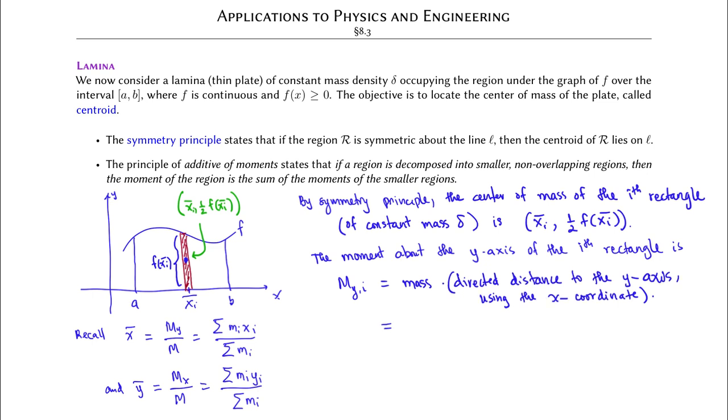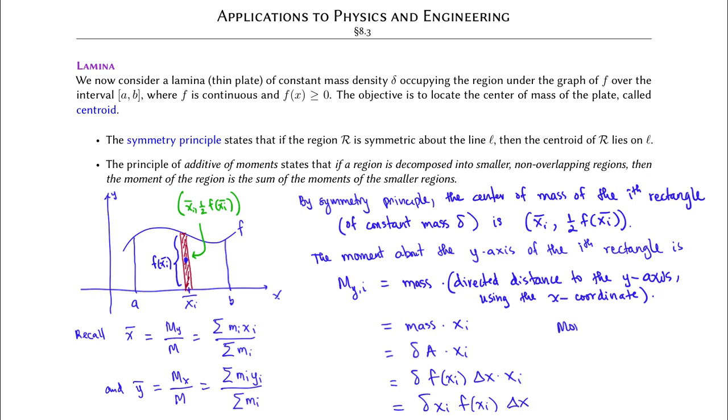This is the mass times x_i, but the mass is the density times the area, but the area is the height times the thickness. The height is f of x_i and the thickness is delta x. Rearranging this, we have delta times x_i times f of x_i times delta x.